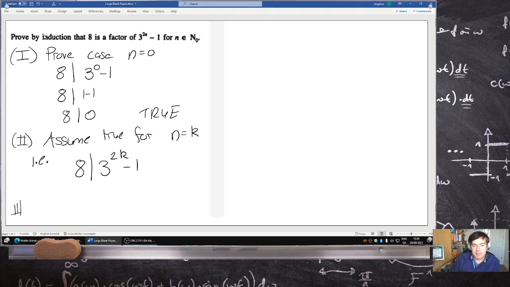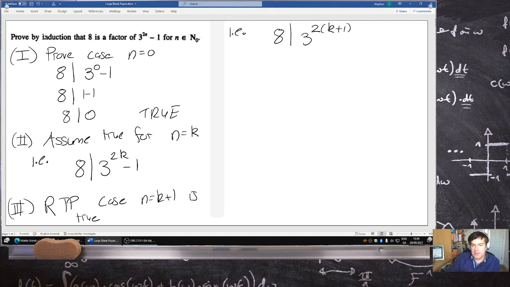And then step 3 is we're required to prove case n equals k plus 1 is true, i.e. 8 divides into 3^(2(k+1)) minus 1. So let's try and prove that now.